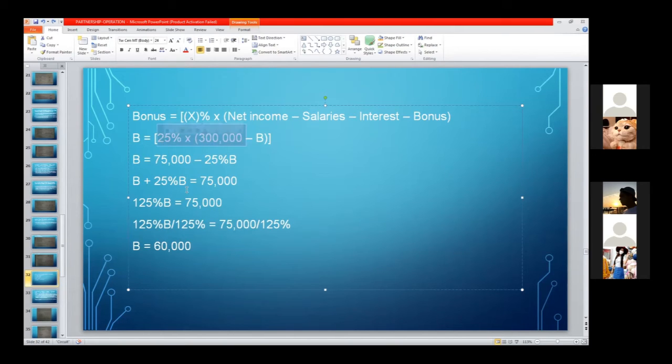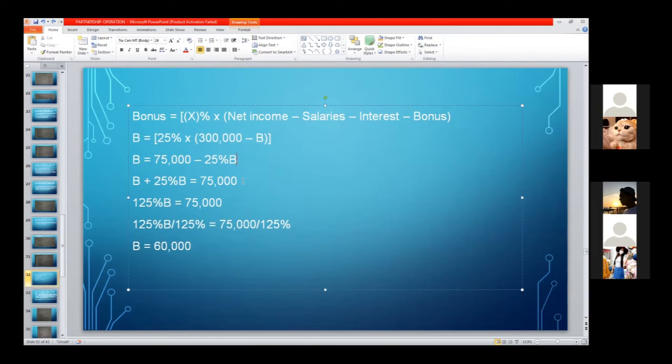Lalabas is 75,000. Next, i-multiply n'yo din itong 25% sa B, kaya ang lalabas is 25% B. Dahil meron tong variable, i-transpose n'yo na doon sa kabilang side.